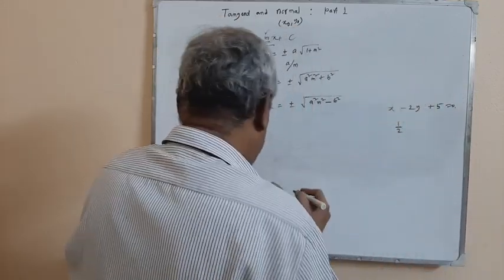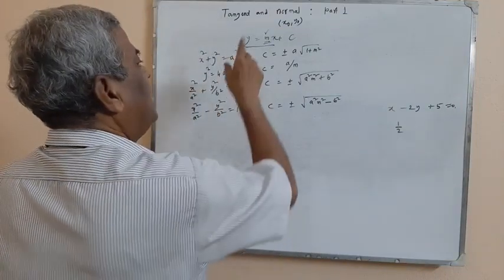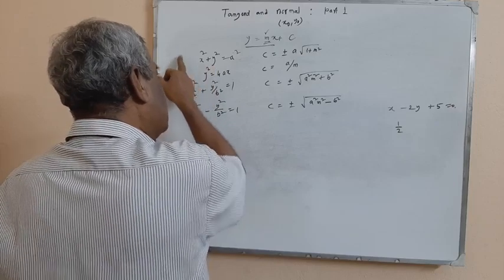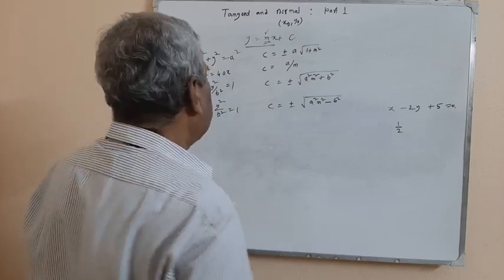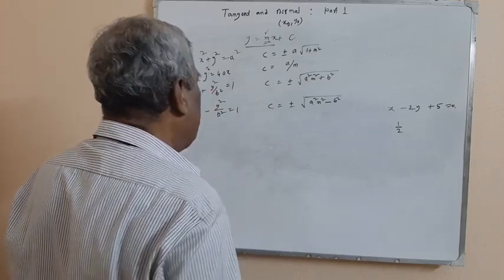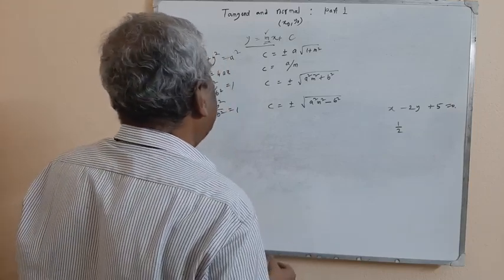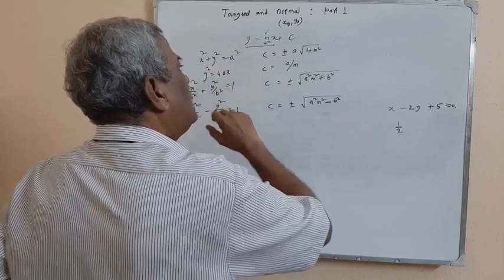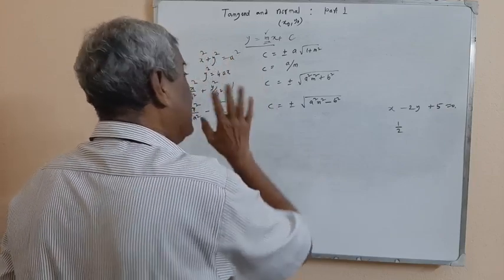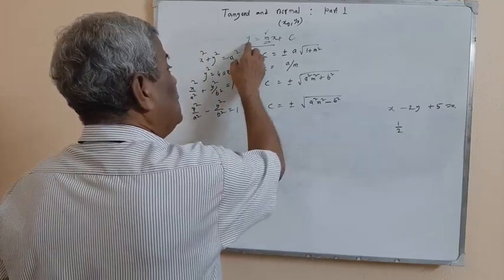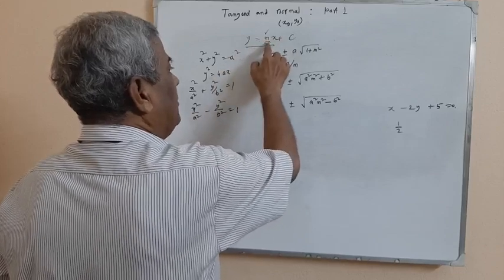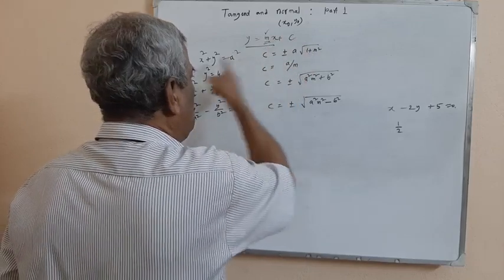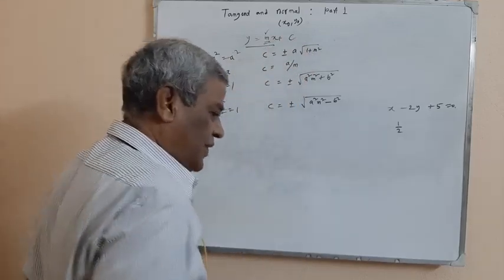So here also, if the gradient is known and the standard equation of the circle, parabola, ellipse or hyperbola is given, in that case without any calculation we can obtain the equation of the tangent. Here also the tangent is y = mx + c, m is the given gradient and the value of c is this for the circle and so on.